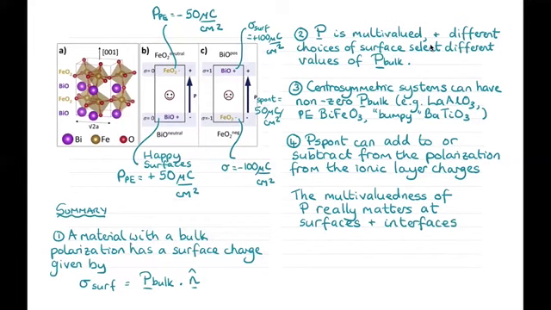If we neglect to select the correct value of polarization when we think about the surface charge, then we'll get really physically meaningless results when we try to describe surface and interface properties. So that's all for today, and thanks for listening.